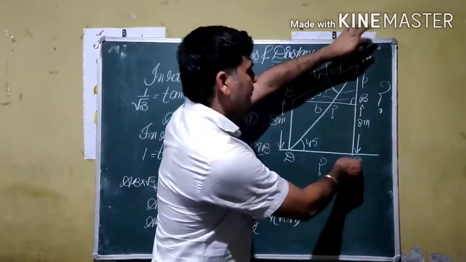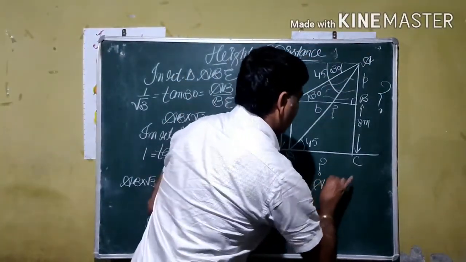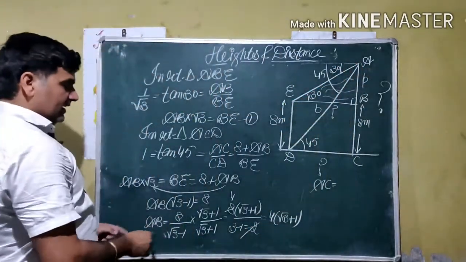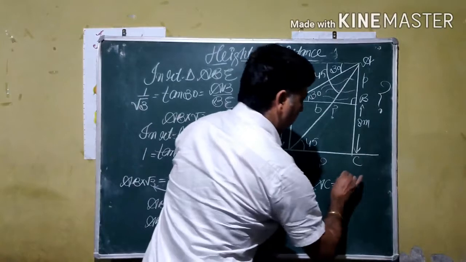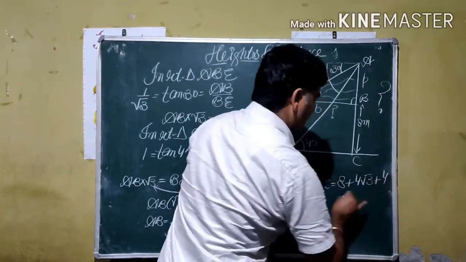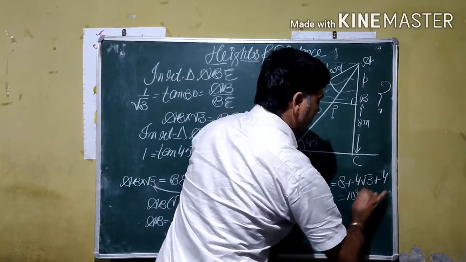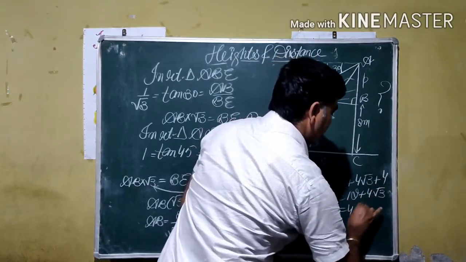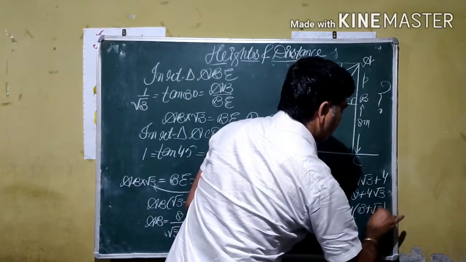So what is the height of the building? We have to calculate AC, which is given by 8 plus AB, meaning 8 plus this value. If we open it, overall the value becomes 12 plus 4 square root 3. Here 4 is common, so we get 4 times (3 plus root 3), in meter.